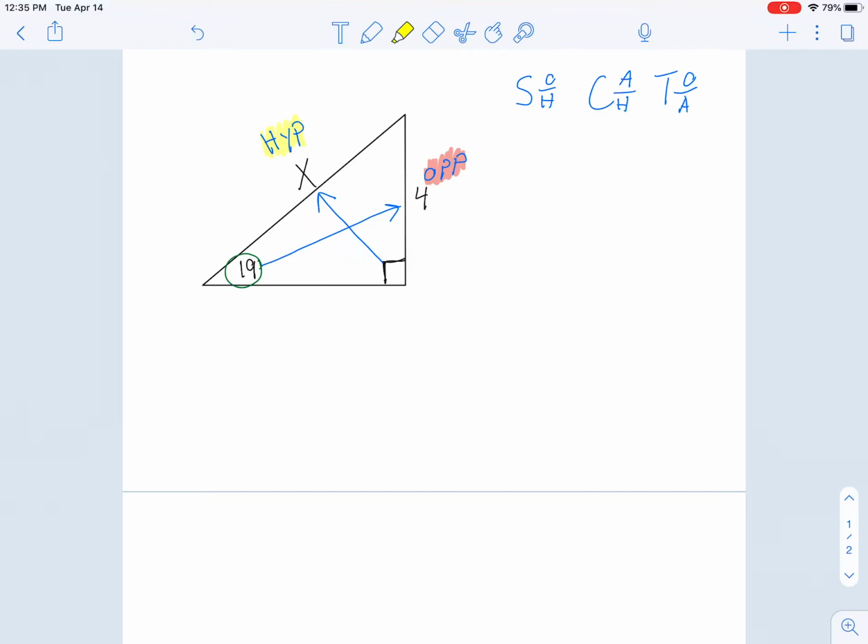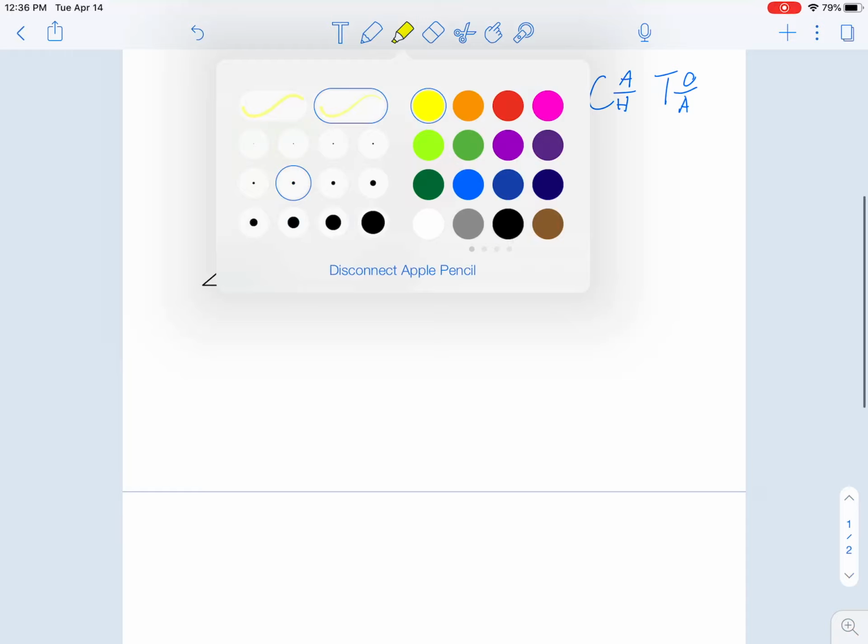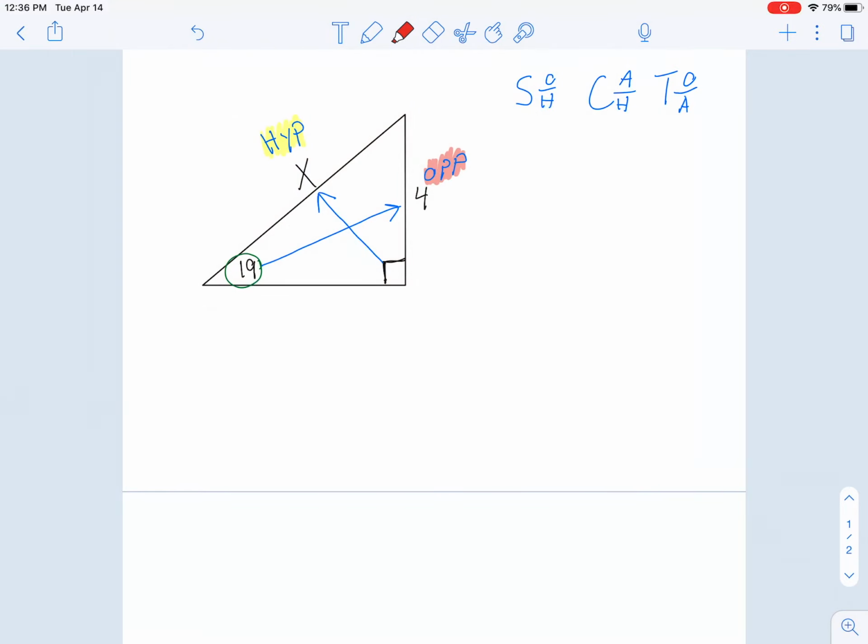With this I want to notice which ones also have those sides. If I go over to my SOHCAHTOA that we wrote down, I want to highlight my O for opposite in each of these that has an O. I notice that the sine has an O and the tangent has an O. The other side I had was the hypotenuse, so I'm going to find all the hypotenuse. I noticed that my sine had a hypotenuse and my cosine had a hypotenuse.